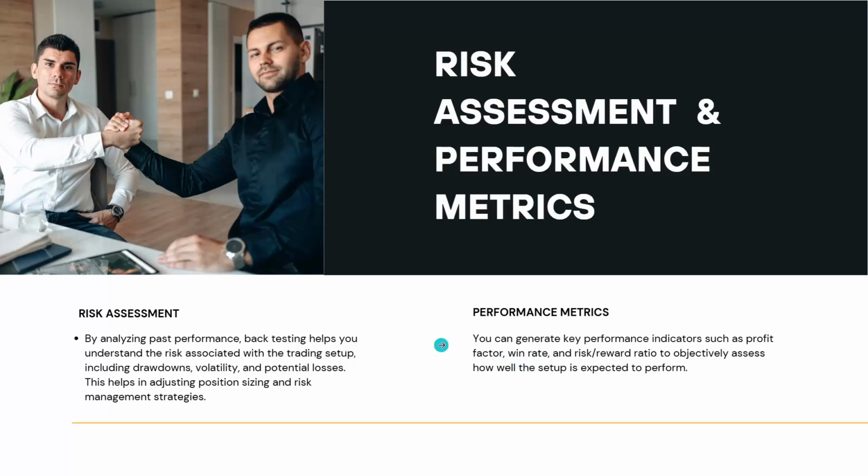Now, performance metrics. What I'm mentioning here is that you can generate performance indicators such as profit factor, win rate, and risk reward ratio to objectively assess how well the trading setup is expected to perform.